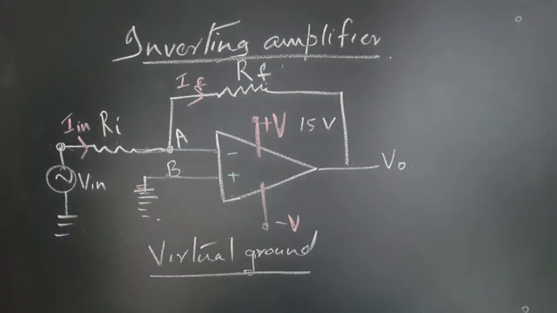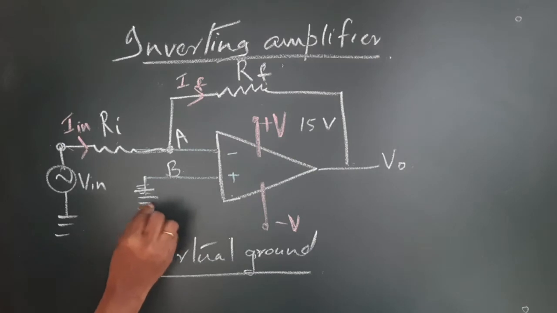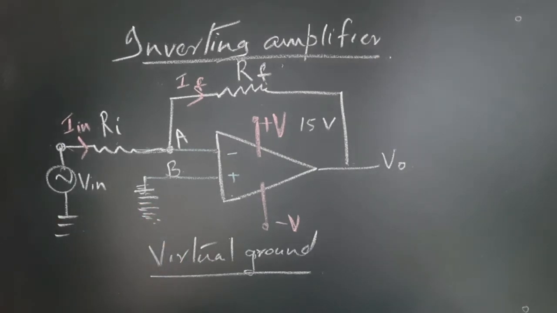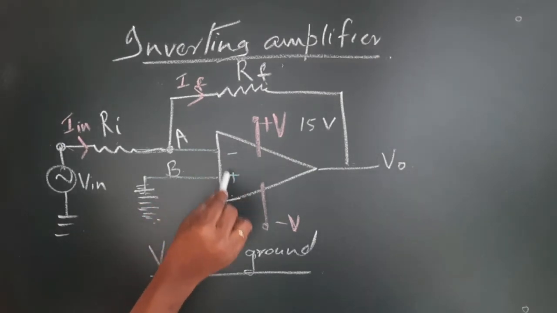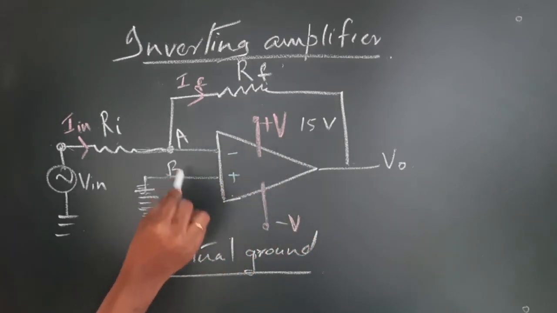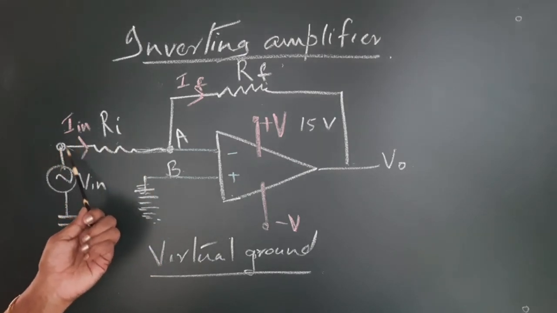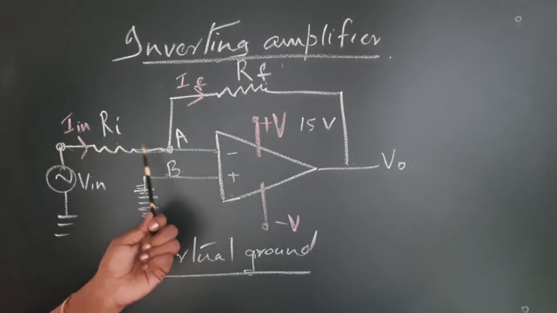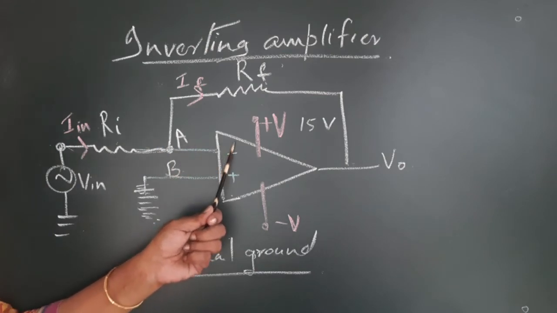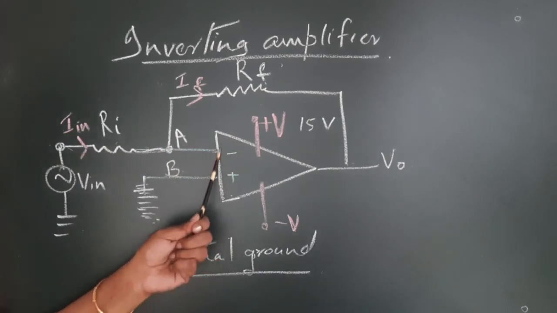How will you justify this concept? We know that this point B is connected to ground, but the input impedance of this op-amp is very, very high, you know that. So, as a result, this current Iin flowing from here cannot enter this op-amp significantly because of the very high input impedance.